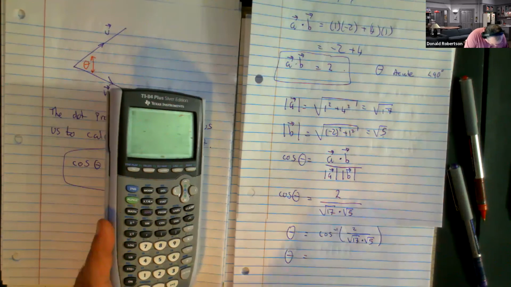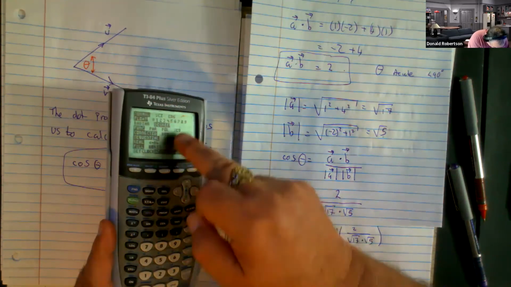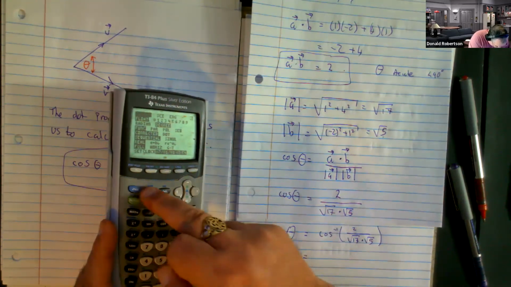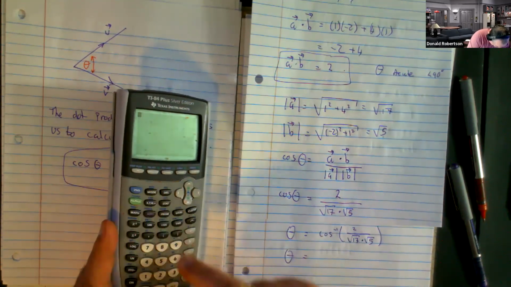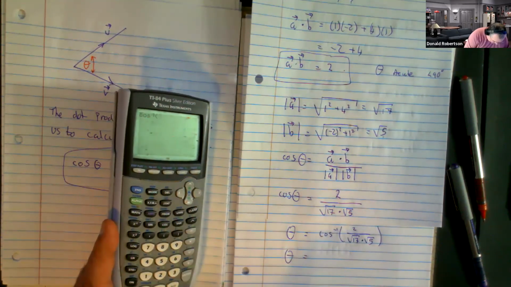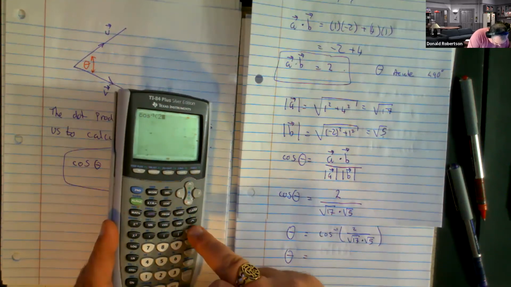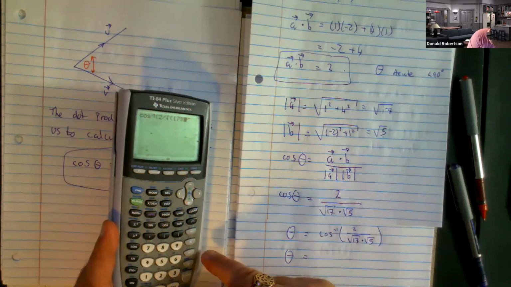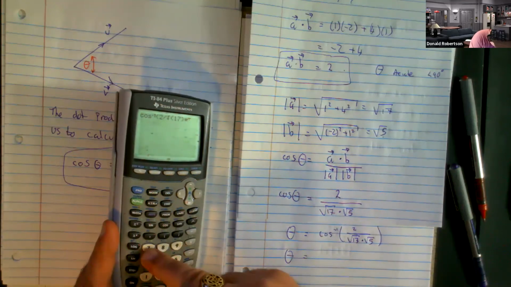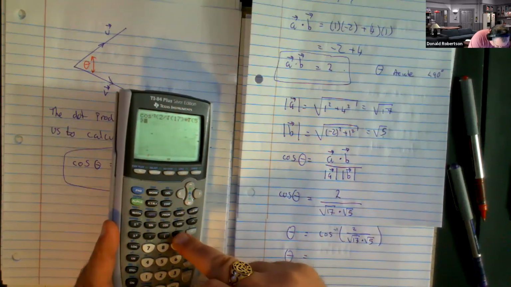Maybe you can find out what's wrong. First, I'll tell you it's in degrees, so that's not what I'm going to do wrong. I'm going to go inverse cosine. I'm going to go 2 divided by the square root of 17 times the square root of 5.